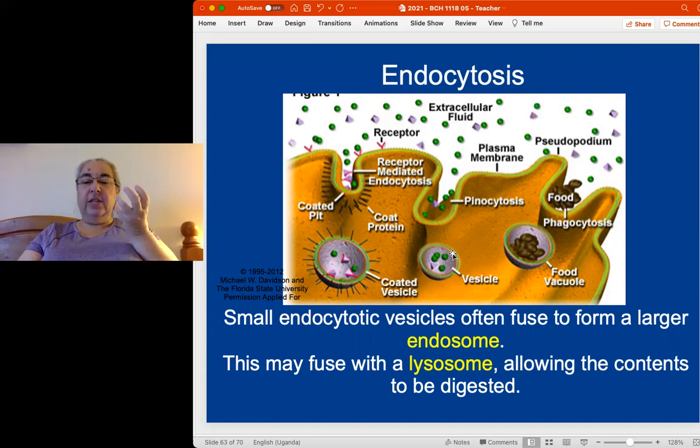And then the endosome can fuse with a lysosome, and the contents, the food and the other molecules from outside the cell that have been brought inside, can be digested, broken down into their building blocks, and then the building blocks, the amino acids or the carbohydrates or whatever, can be used by the cell.